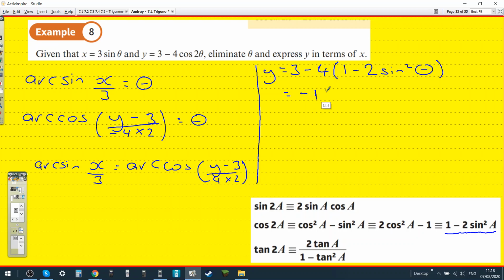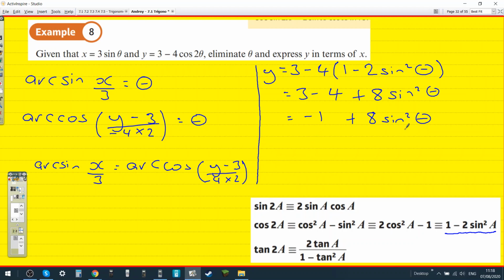Why do you have to do everything in your head? If I do 3 minus 4 and then times, can I expand it like that? There's a times sign in there, so you have to expand the bracket first. Okay, so it's minus 1 plus 8 sine squared theta, I believe.